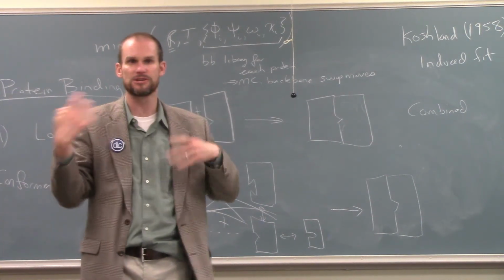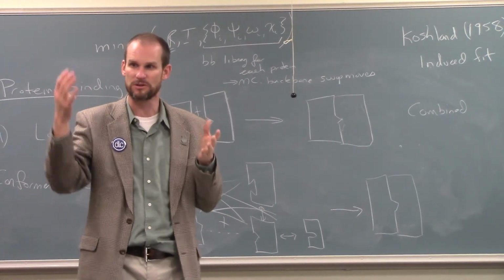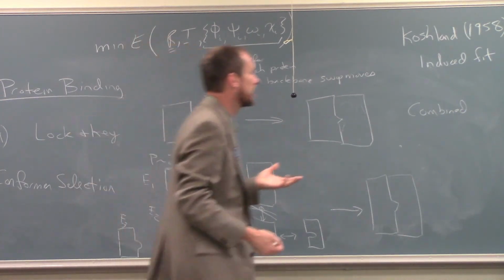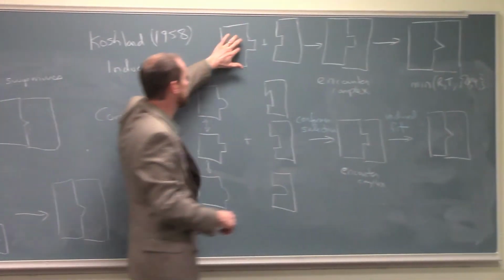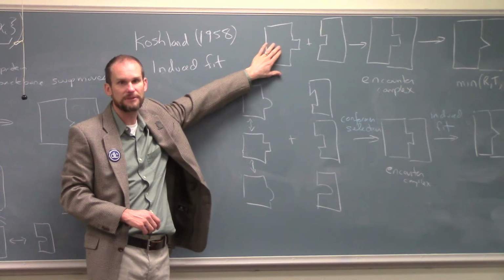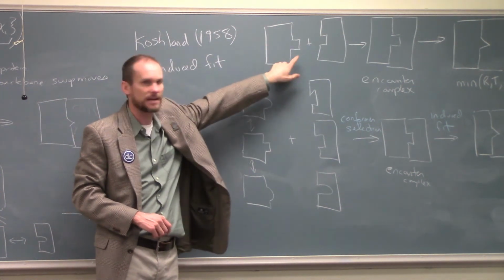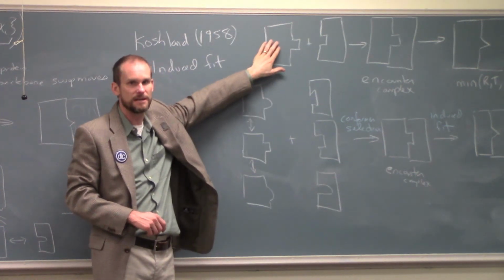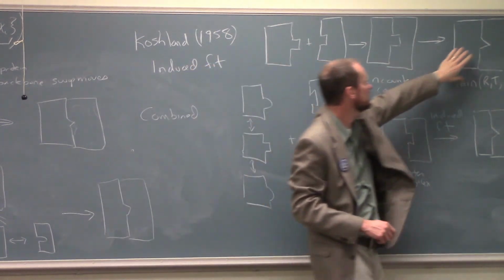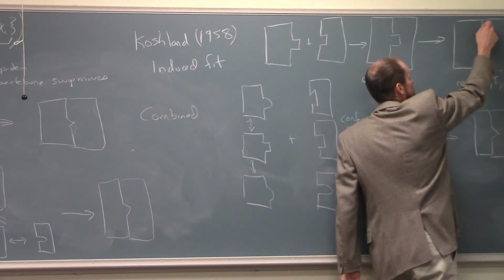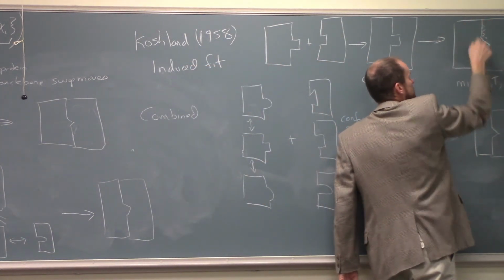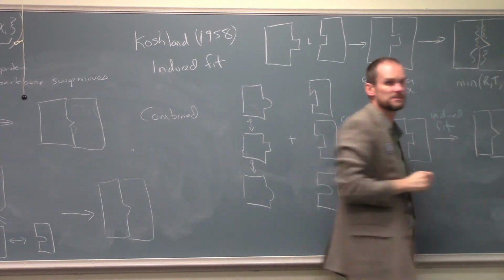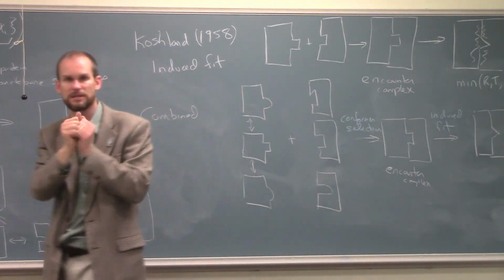We're not really searching every backbone configuration, we're just going downhill in energy. In order to do that, you first have to start with the unbounds and go downhill without the partner there. So this actually might not be the crystal structure, it'd be some kind of minimized crystal structure. But then when you minimize, because of the presence of the atoms on one side, it's going to affect how things move on the other side, and they'll move in response to each other.